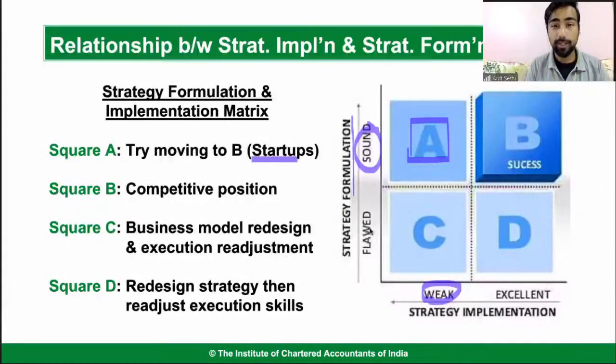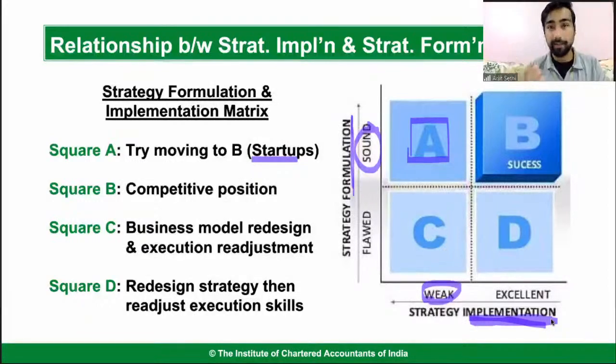So if you get a question, what kind of a relationship between strategy formulation and implementation do startups face? That is square A, which means they should try to improve their implementation, because their formulation is good, their strategy is good. It is just about implementation, because resources are not there.